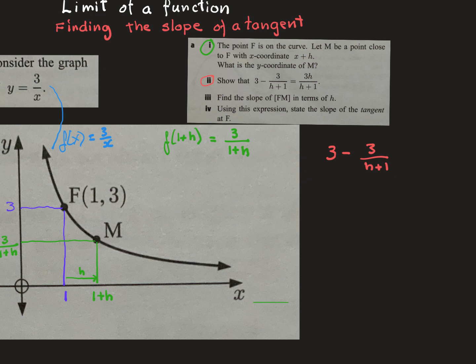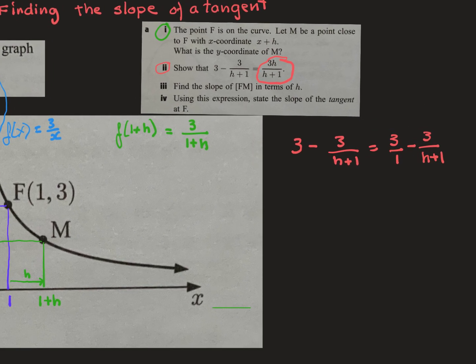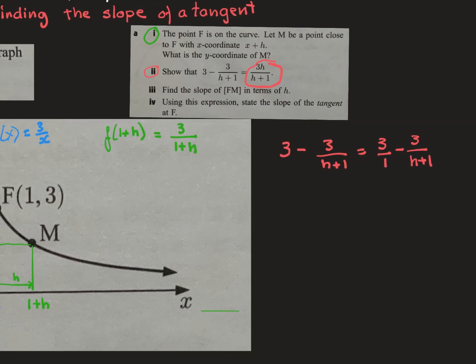And we want to show that it is this. Okay, so let's go. You know that 3 is the same as 3 over 1, so we could rewrite this as 3 over 1 minus 3 over h plus 1.